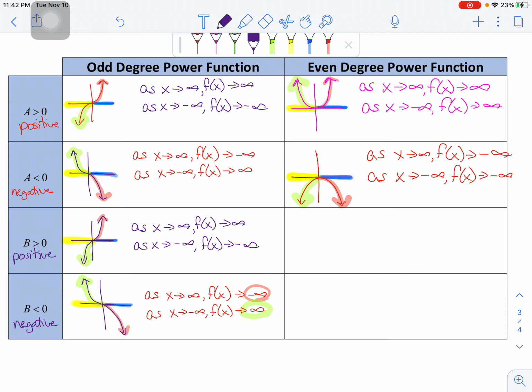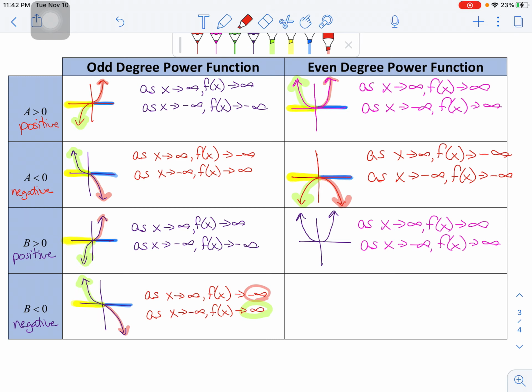All right, last two here is what happens for your b value. If your b value is positive, that means you're going to have a normal concave up function here, which means I'm just going to loop the end behavior from this first one, copy it and paste it because it matches.